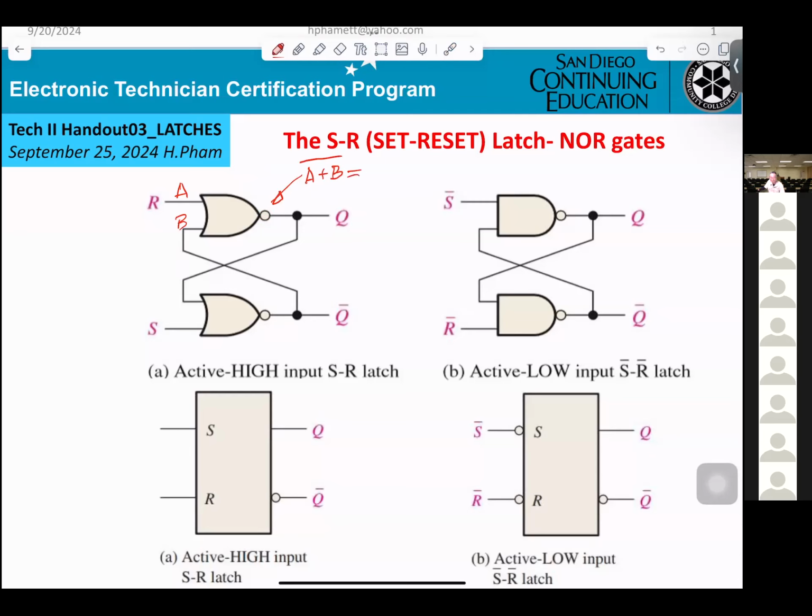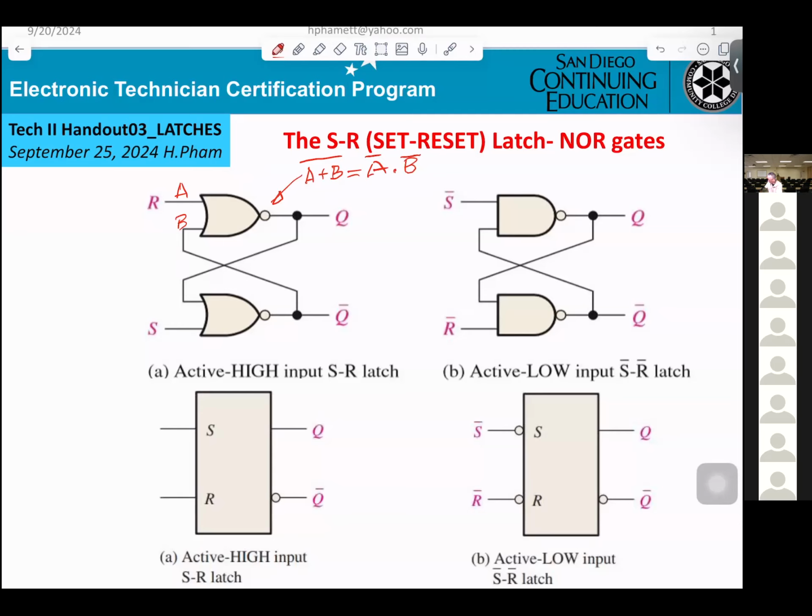Now you're converting the sum into the product, so you get not A and not B. That's easy for you.